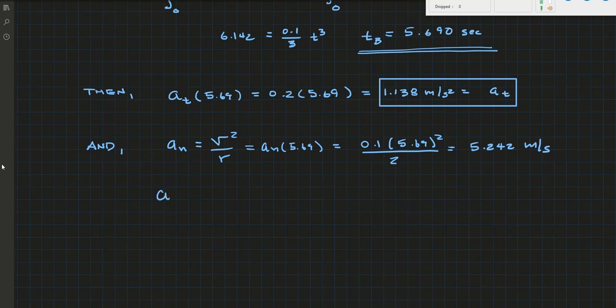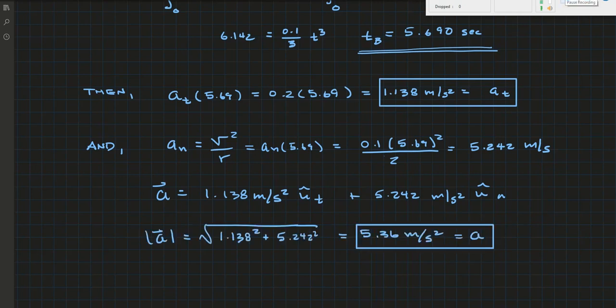Okay, so our acceleration then is 1.138 meters per second squared in the tangent direction, plus 5.242 meters per second squared in the normal direction. So then that is our magnitude of our acceleration.